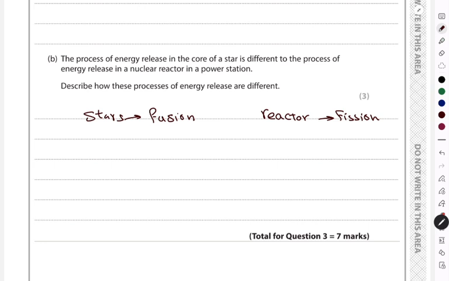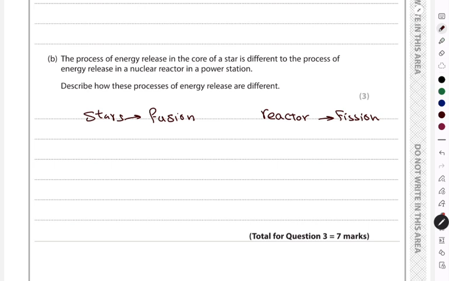Fusion is the joining of nuclei. We have two nuclei and we make them join. But fission is the splitting of nuclei. We have one and it becomes two, so it will be splitting of nuclei.